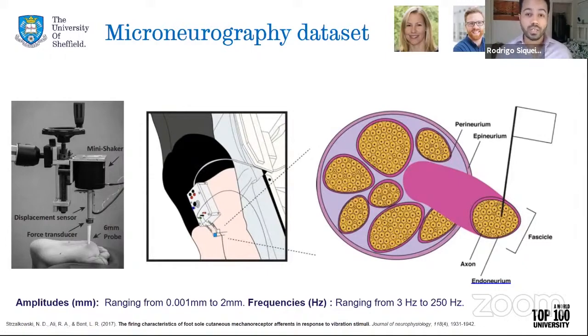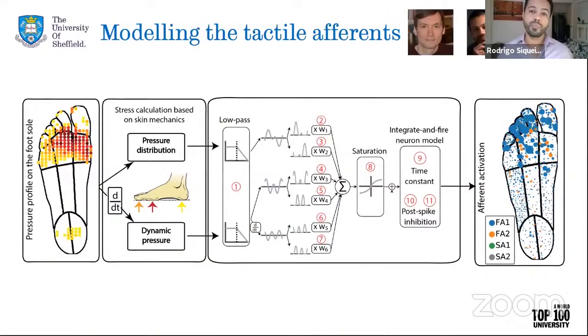So using that data, we built a model that takes into consideration the specific skin mechanics of the foot and delivers pressures to a quasi-static model of the skin that then is given to integrate-and-fire neurons that have 12 parameters that you can interchange, a low pass filter.